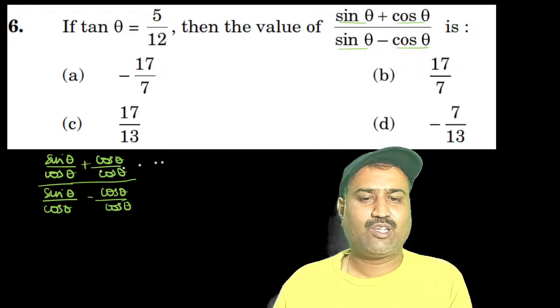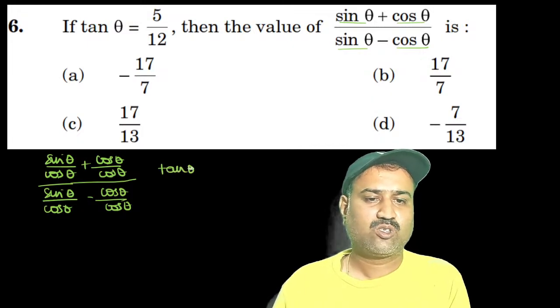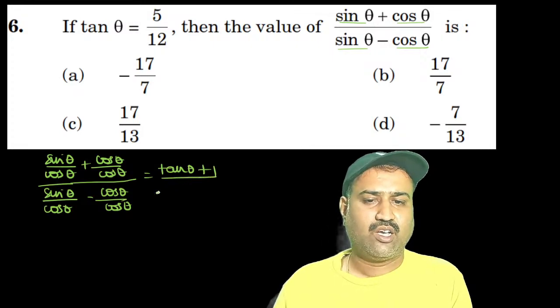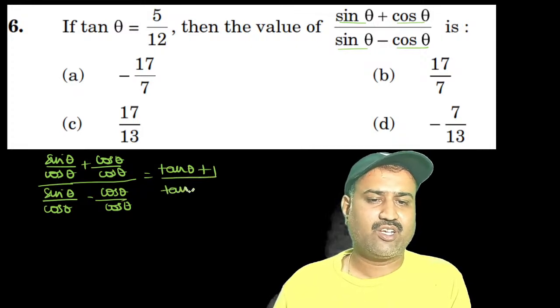Now sin by cos is tan theta, cos by cos is 1, and sin by cos is again tan theta. So it is tan theta plus 1 whole divided by tan theta minus 1.